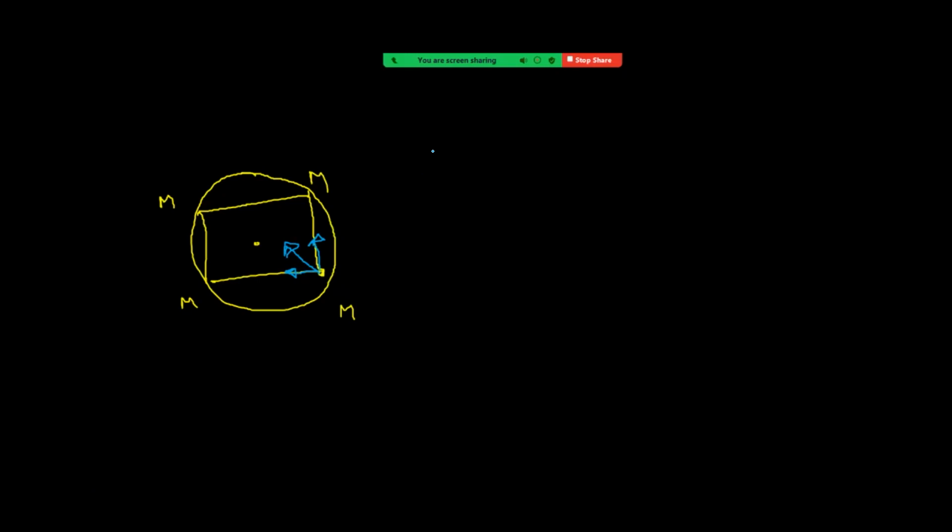So net value: if side length is a, G m square by a square. Since the angle is 90, it is now root 2. Okay, resultant of these two. And that will be along this third one, plus G m square by. Now this length of diagonal is root 2 a.